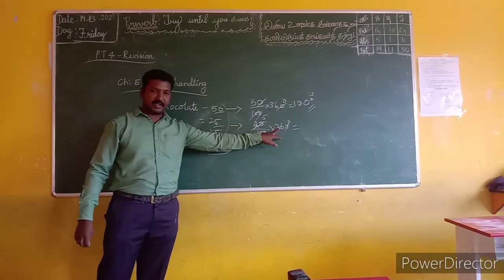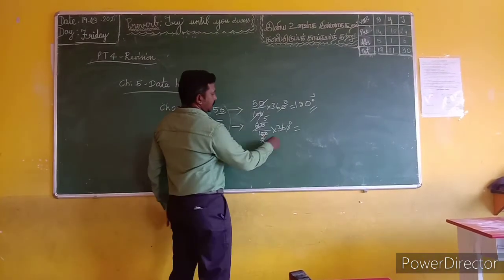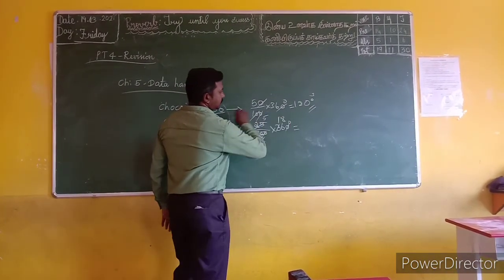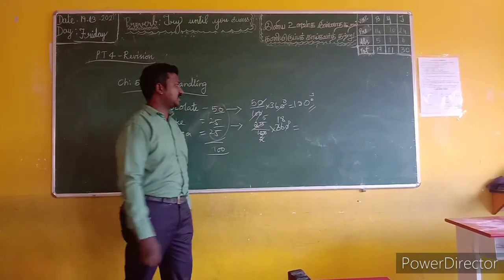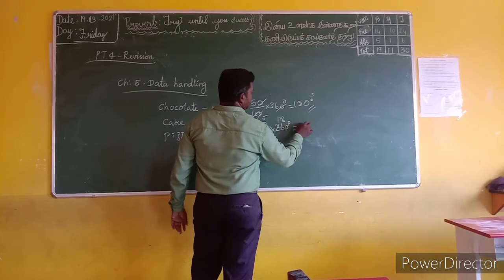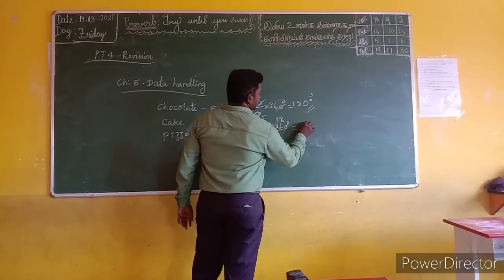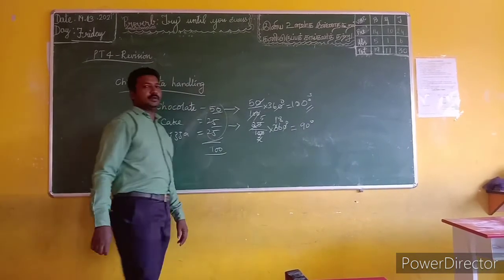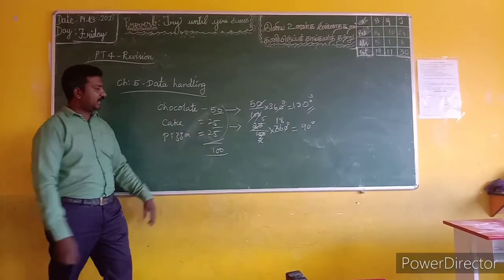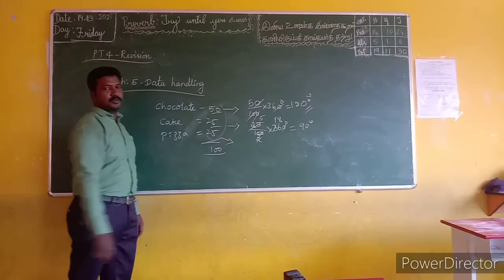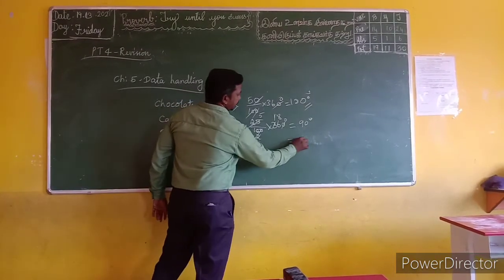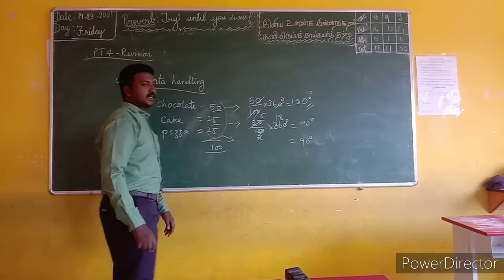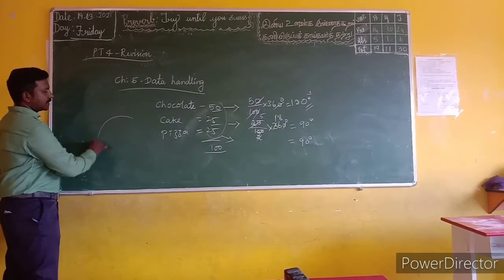These two can be cancelled here. 1 2 is 2, 8 2s are. So remaining 5 and 18 is here. You can multiply 5 times 18, which is 90 degrees. So the same will be for pizza, those who like pizza. So here 90 degrees.